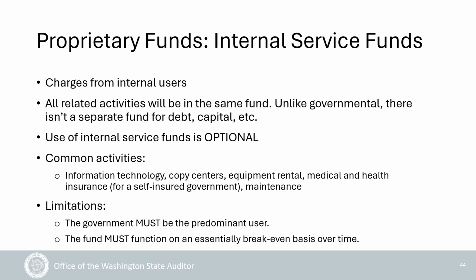However, it is important that the main source of revenue continues to be from other funds or departments within your government. If you are getting more revenue from users outside of your government, then it should be an enterprise fund instead.